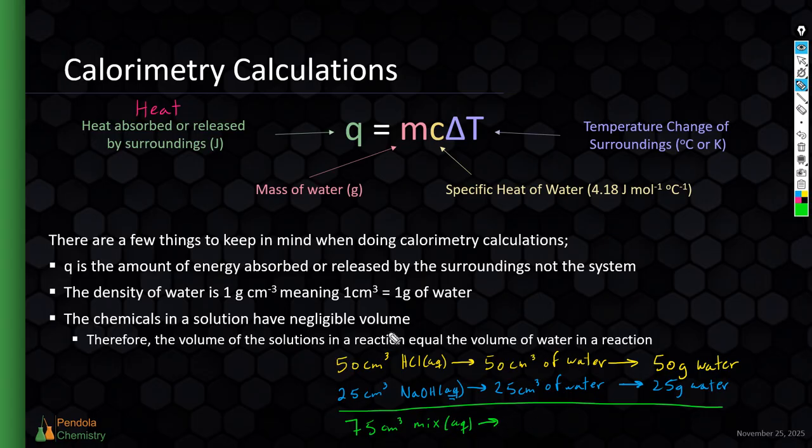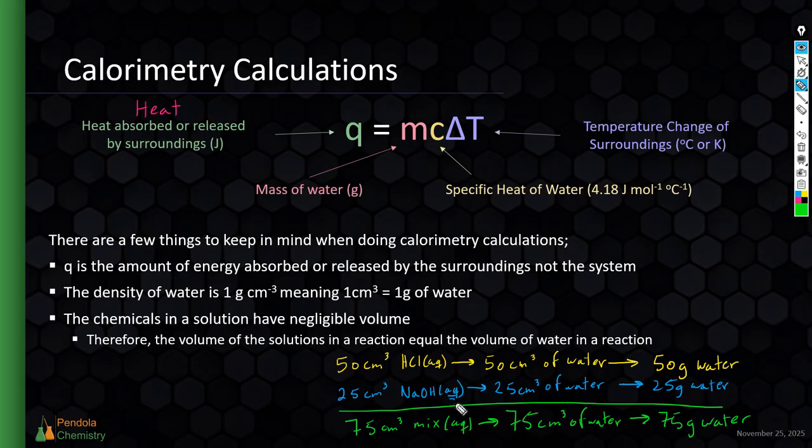That means that in total, this reaction between these two is going to have 75 cubic centimeters of water. And that's very important to remember, because that is the number we're going to use here in M. And then 75 cubic centimeters of water means 75 grams of water. So this is a very important concept to understand.